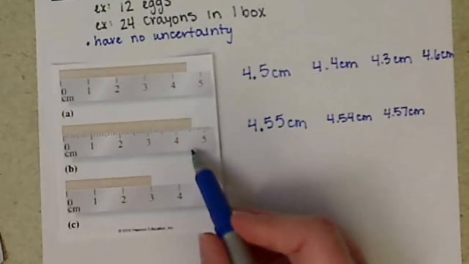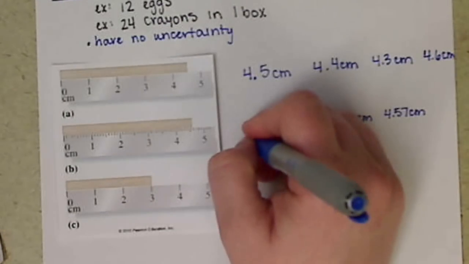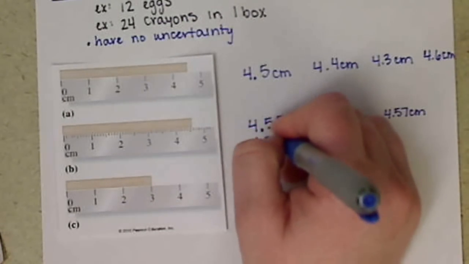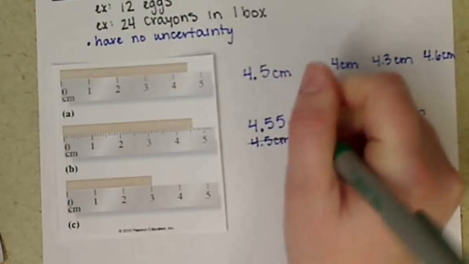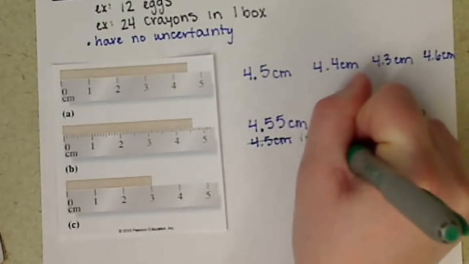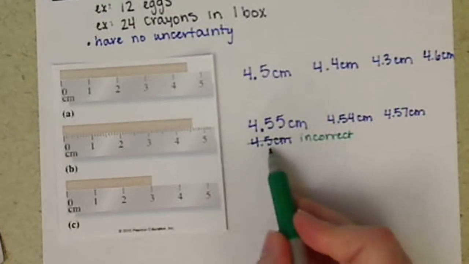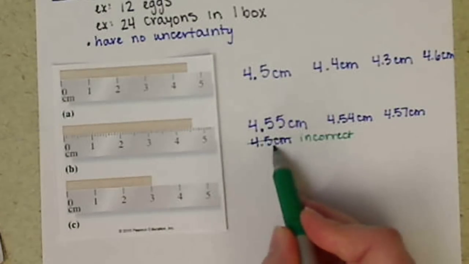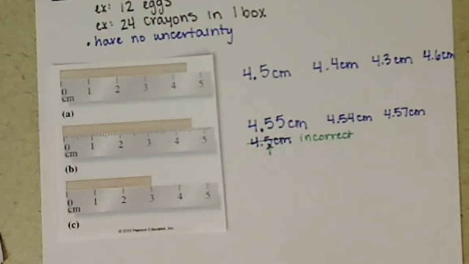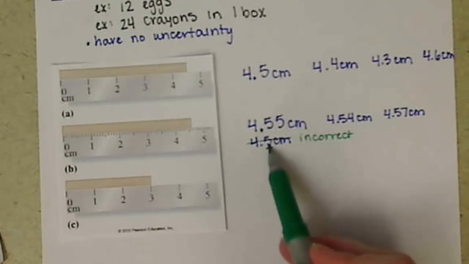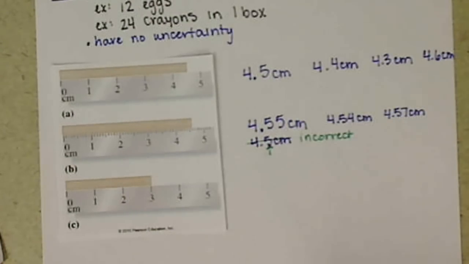What would be incorrect is if you put, say, 4.5 centimeters. This is incorrect, and that's because when you write 4.5 centimeters, you are suggesting that the uncertainty lies in the 5. The uncertainty does not lie in that 5. It lies in the second one.